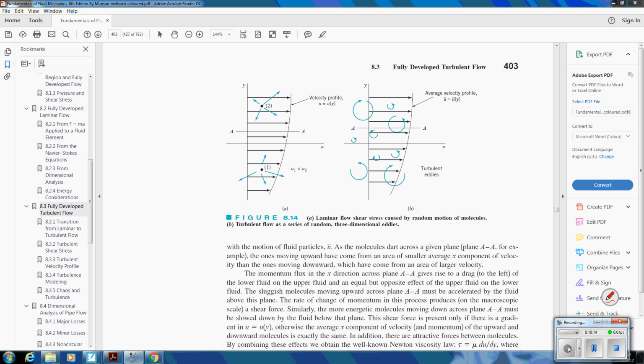For example, if we compare laminar flow shear stress and turbulent flow shear stress, we see laminar flow shear stress is caused mainly by random motion of molecules. And turbulent flow is a three-dimensional field with all random happening, and it's the 3D eddies that cause this shear stress.